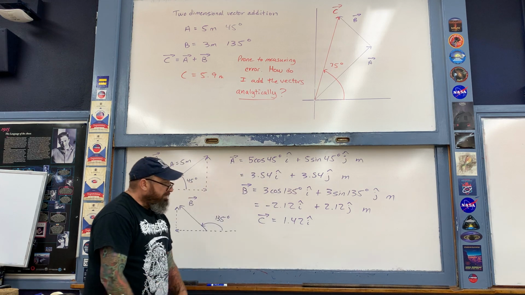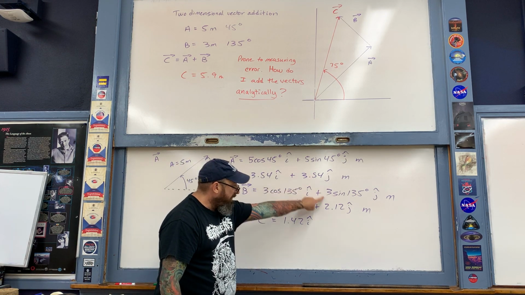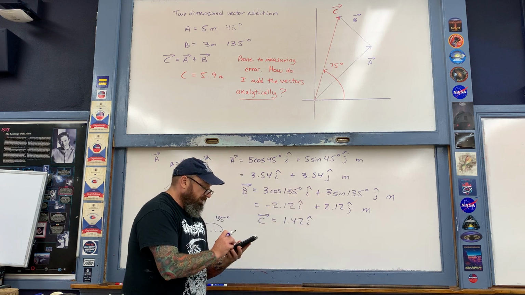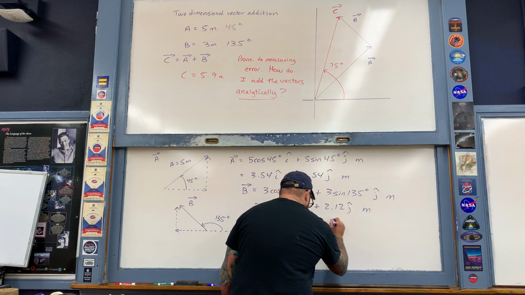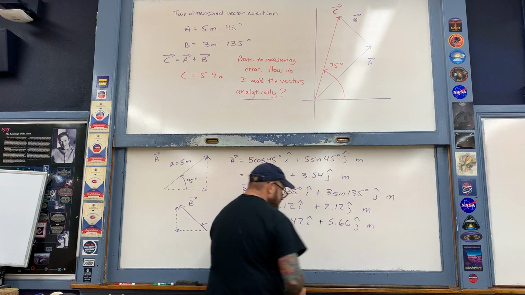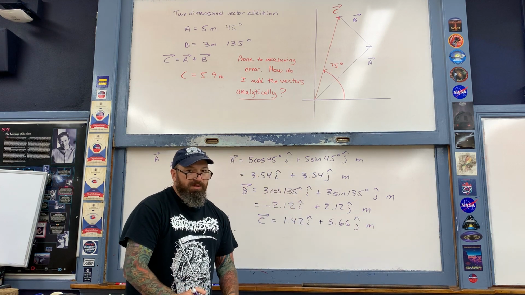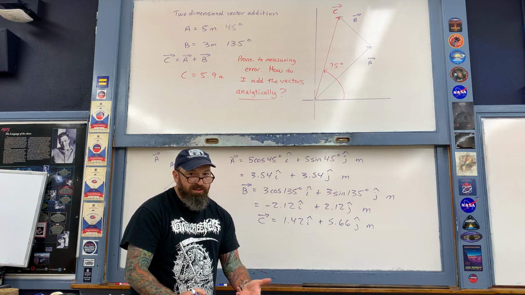And then I get the y component of the resultant, the vector C, by adding together this 3.54 and this 2.12. So 3.54 plus positive 2.12, and that comes out to be 5.66, like so. So in component form, this is the vector C, and now just by itself, I can draw the vector C in the following way.